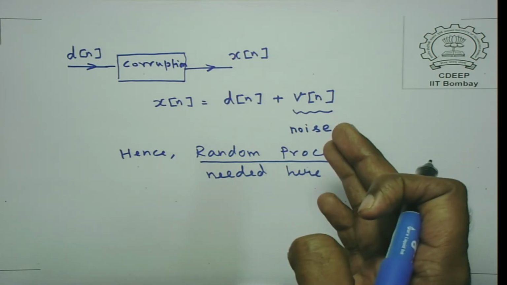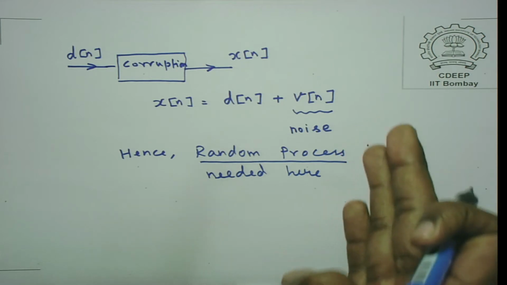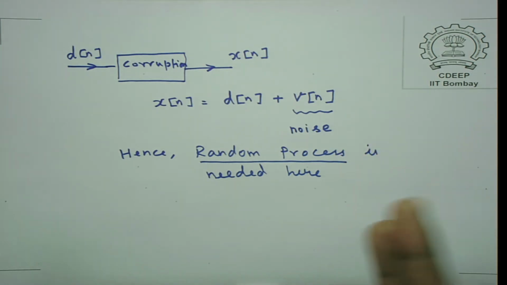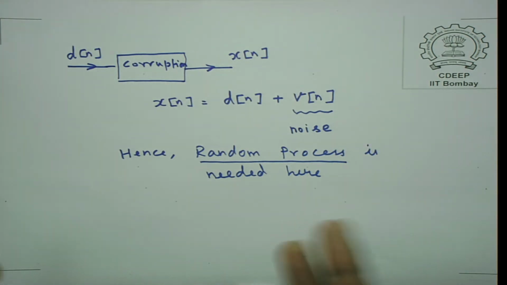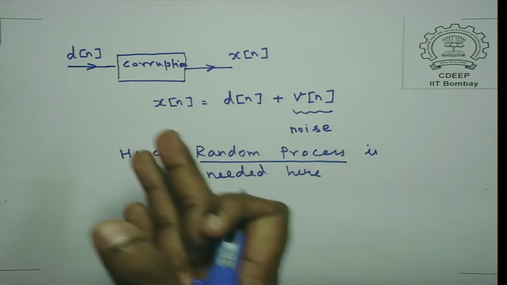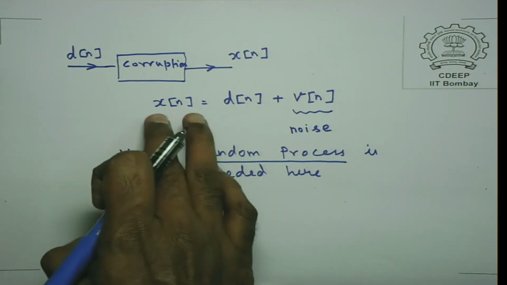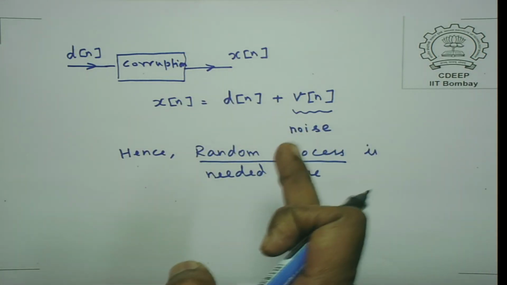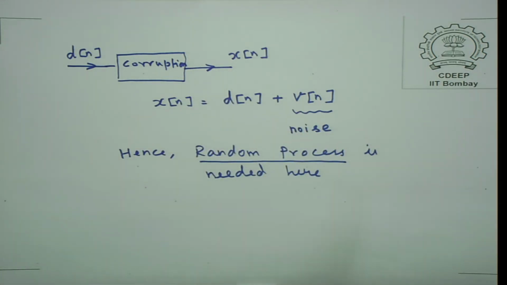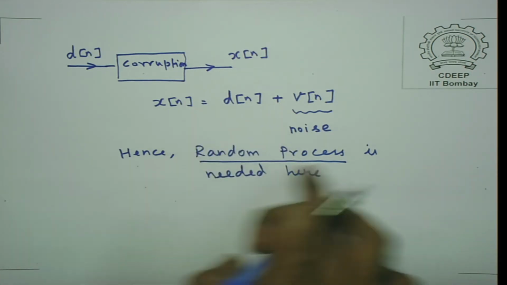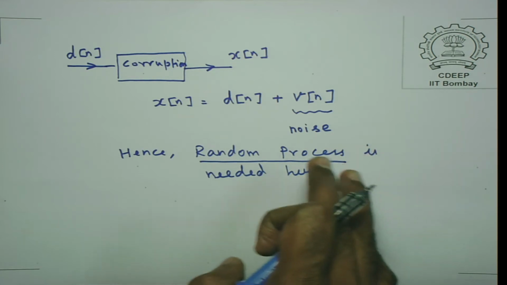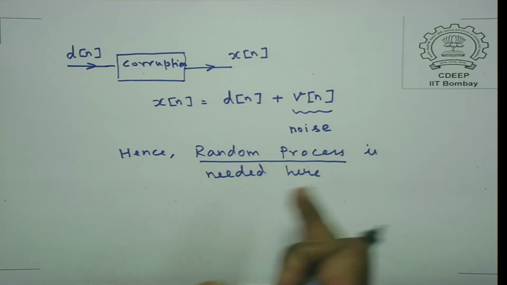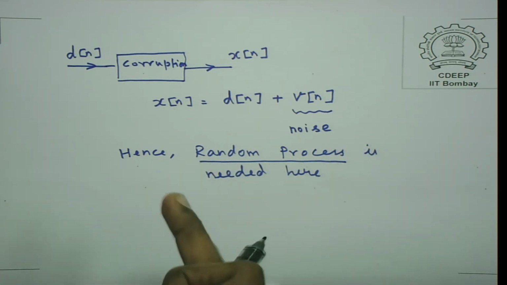If it is not the sensor itself, it may be in the process of, let's say, you are measuring a continuous time signal which is the temperature, and then for our processing we are going to look at a discrete version. So in that sense, maybe there is the process of A to D and then quantization, which all introduce some variation to the original signal and which could be described as a noise, which could be quantified as a random process. Hence that's the motivation for trying to look at random process.